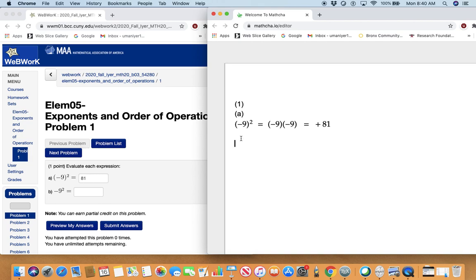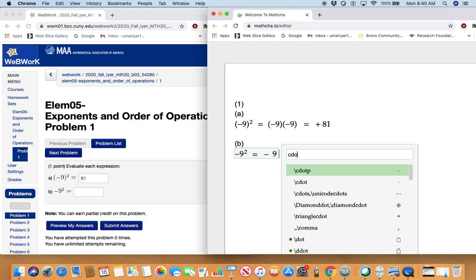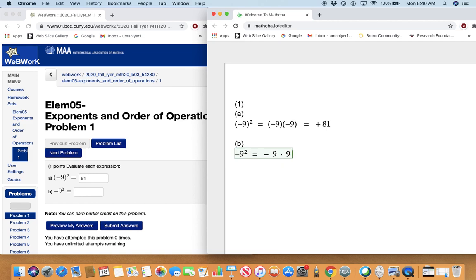Now let's go to B part. It is negative 9 power 2. At this point, notice power 2 is closest to 9, not the negative. So the negative stays put. It is the 9 which repeats.